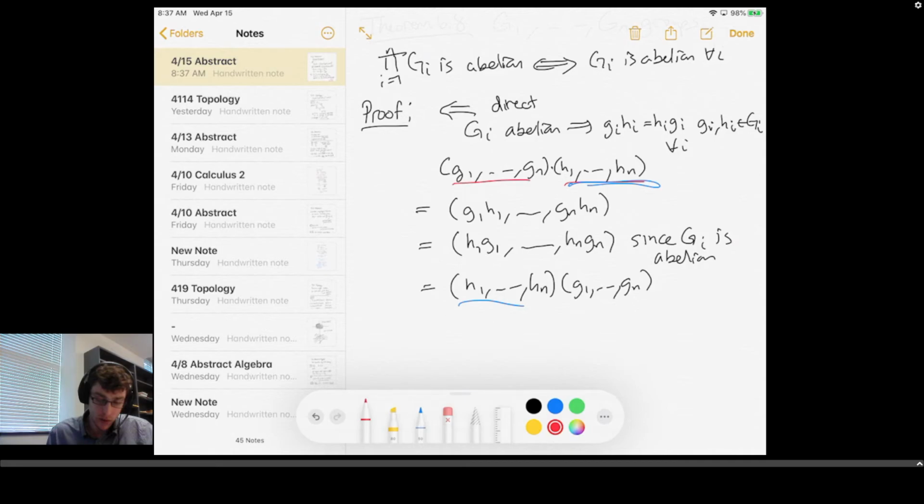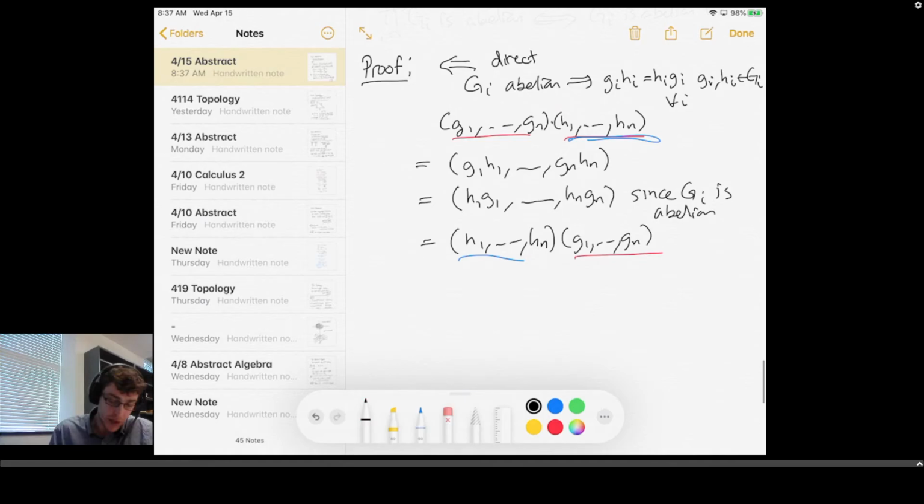Nice. All right, so what about the other way? Here we know the product is abelian. The natural way for me is the contrapositive. It seems easier because you don't have to choose.